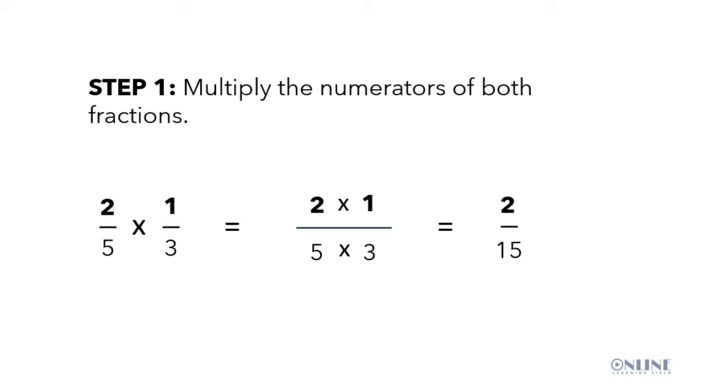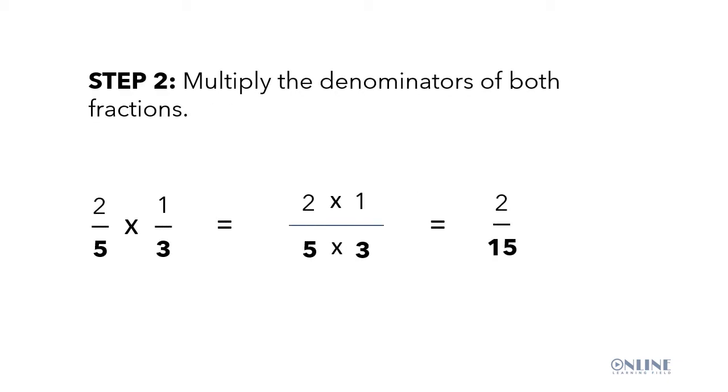Multiply the numerators of both fractions. The result becomes the numerator of the new fraction. Step 2. Multiply the denominators of both fractions. The result becomes the denominator of the new fraction.